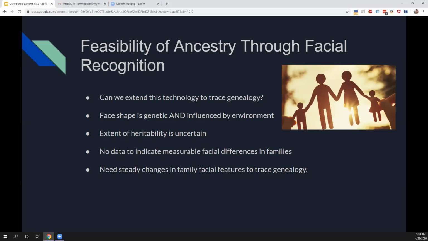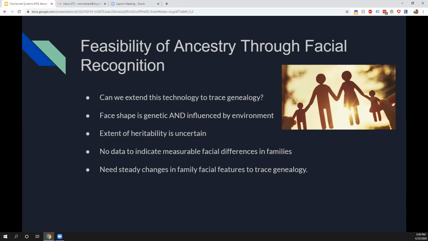There's also a question about these traits and these environmental traits. We're not sure exactly how they're passed on from generation to generation. We can identify some of the genes that have effects, but we're still not sure exactly how those are passed on. And so this kind of brings up a lot of gray area and fogginess to this question of, can we peg down and use these facial features to determine which family you're from?